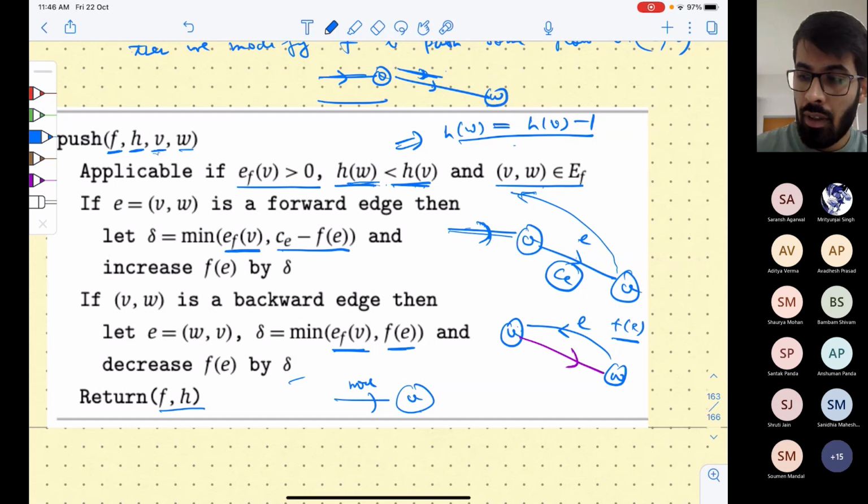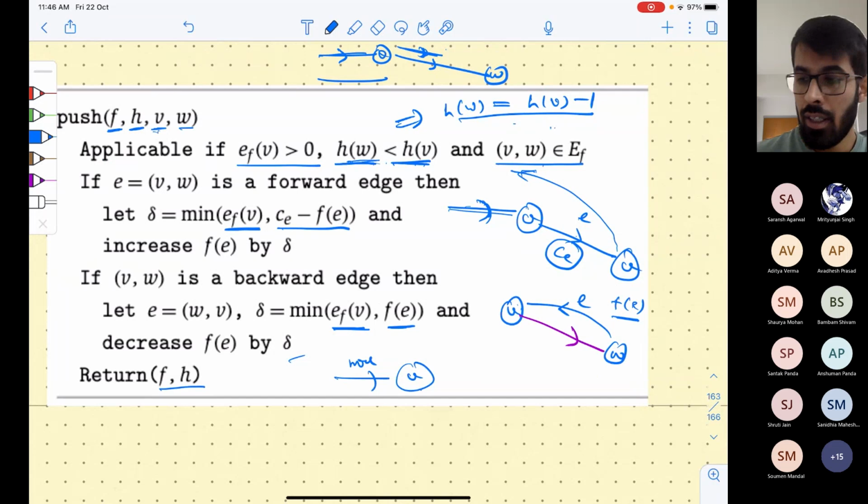Because VW is an edge and h of w is less than h of v, if you apply the condition, then it has to be true. Because the condition says that h of v is less than or equal to h of w plus 1, right? Any other question?